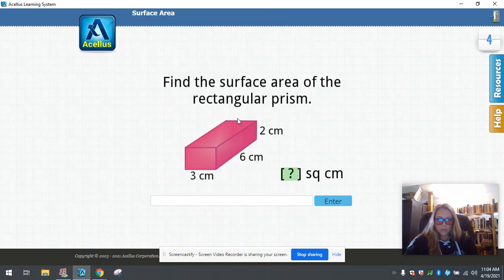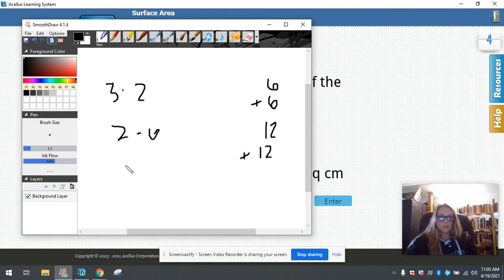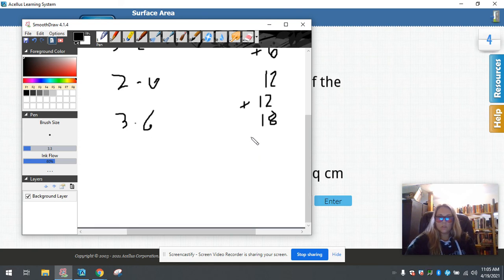And then this top and the bottom sides. So the top is going to be 3 by 6, just like the bottom. 3 times 6 is 18. That's my area of the bottom and the top ones, and there's going to be 2 of them.